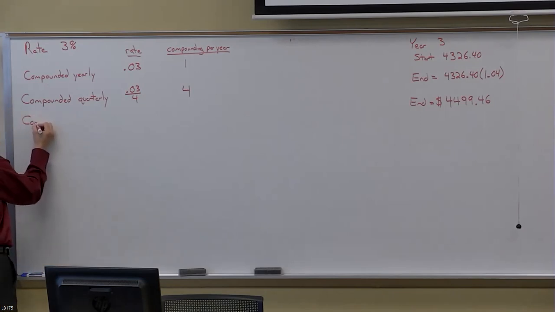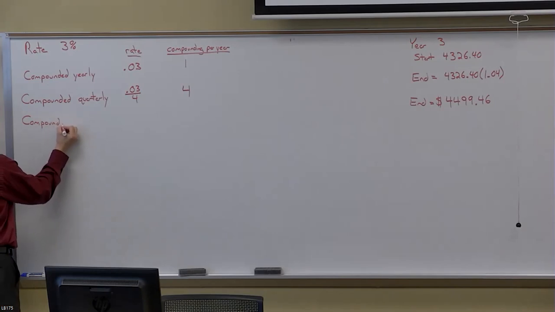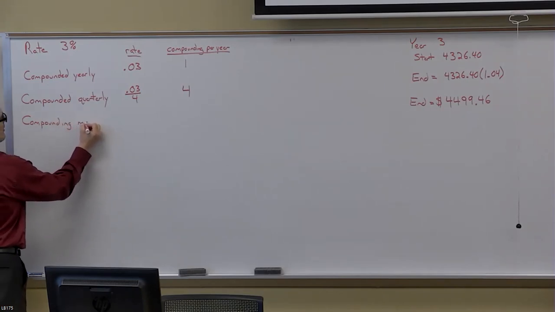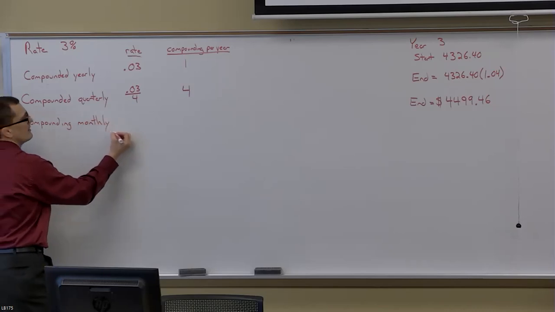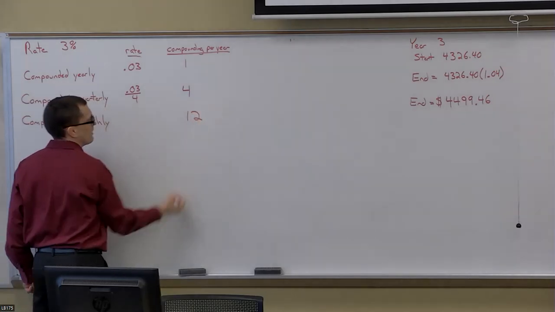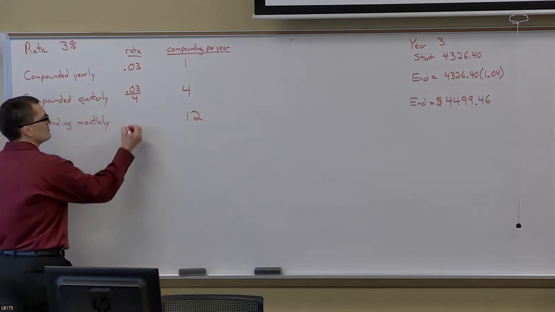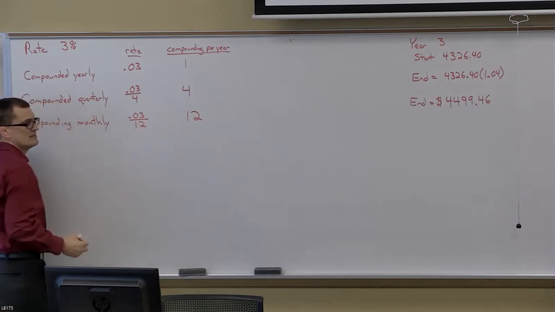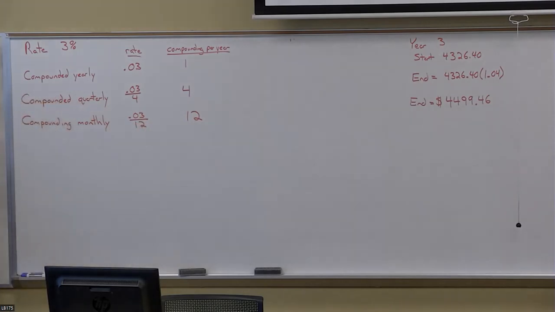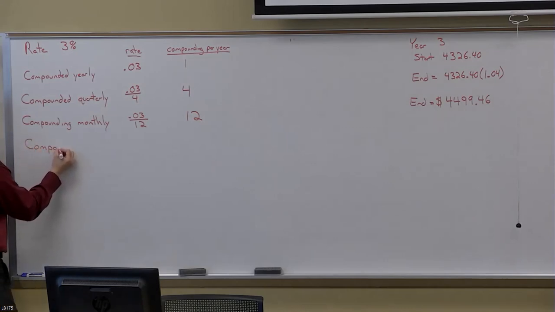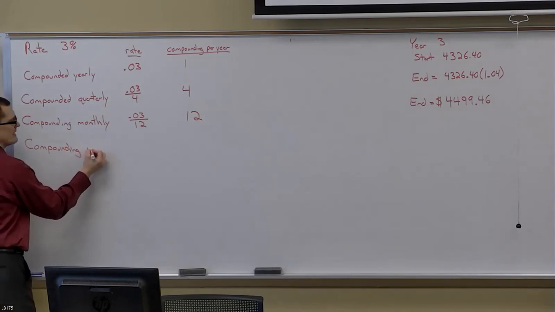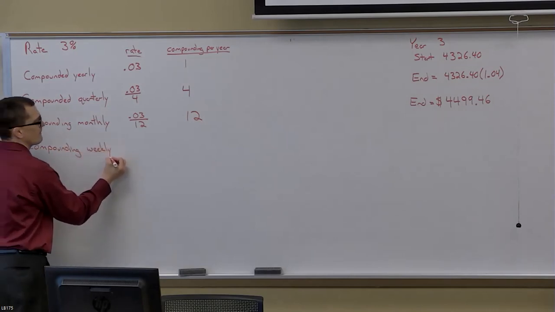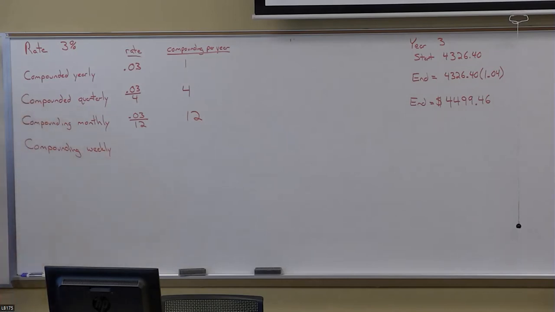If we're compounding monthly, compounding monthly means 12 times per year. So I take my 0.03 and divide it by 12. If we're compounding weekly, how many weeks are in a year right now? 52, roughly 52.